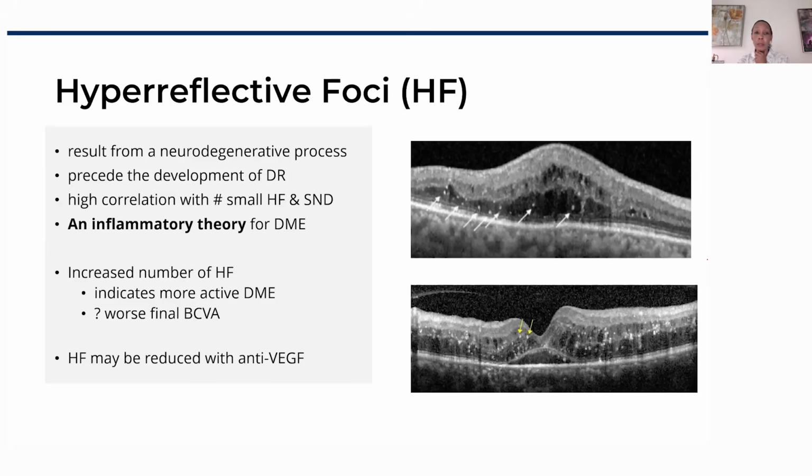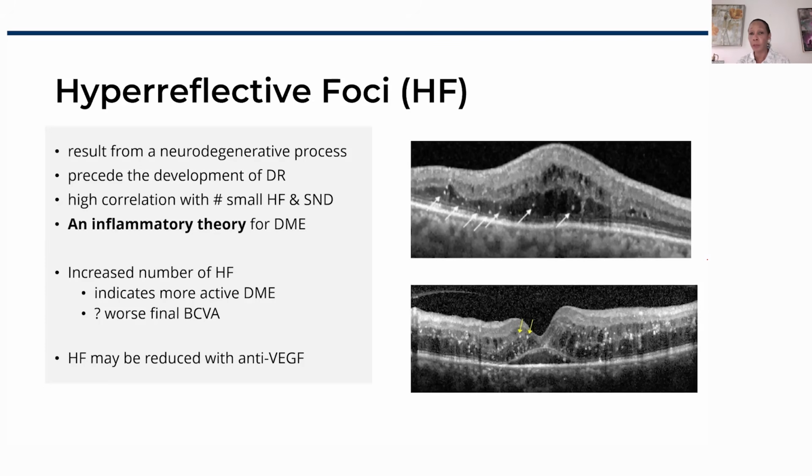And because of that, we are thinking there may be an inflammatory theory with diabetes in addition to other factors. What they find is that if you have an increased number of hyperreflective foci, it probably indicates more active diabetic macular edema. And questionably, we haven't quite confirmed that more foci mean worse final visual acuity. That's still yet to be confirmed, but there may be a possibility of that.